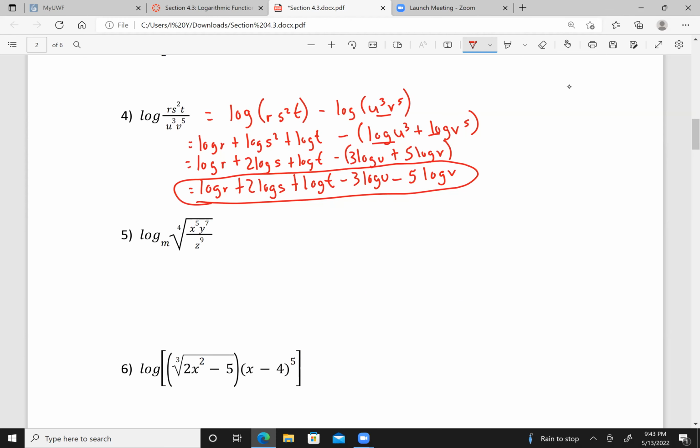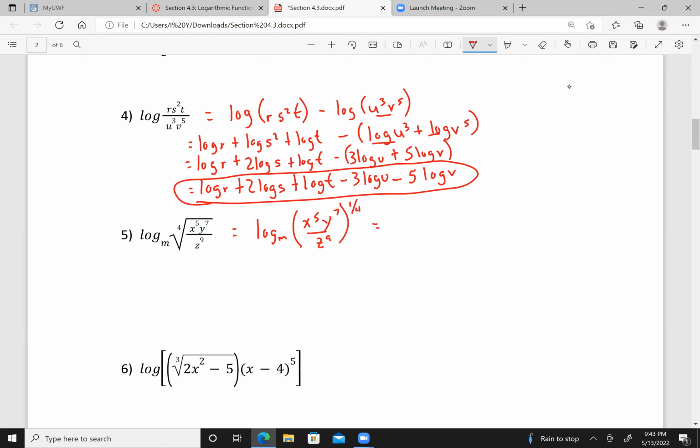Okay, now we're getting a little messier. So the fourth root is, I'm going to go out this way. Log base m of x to the 5th y to the 7th z to the 9th, all to the 1/4. So we can do this 2 different ways.